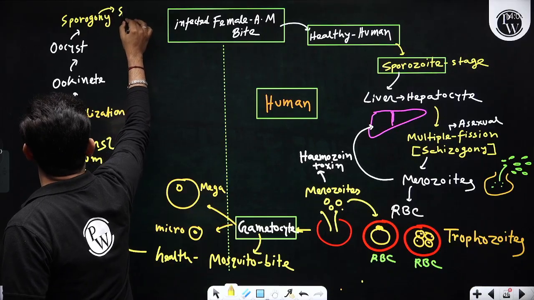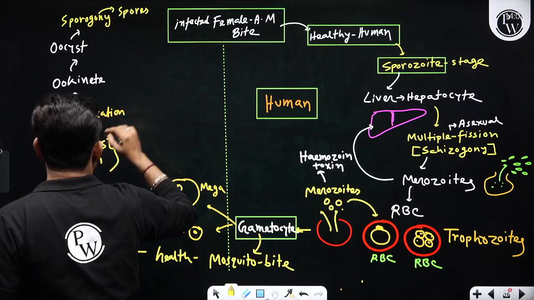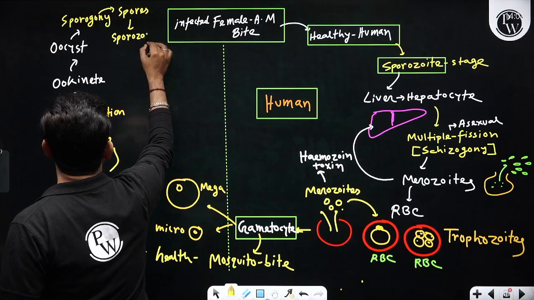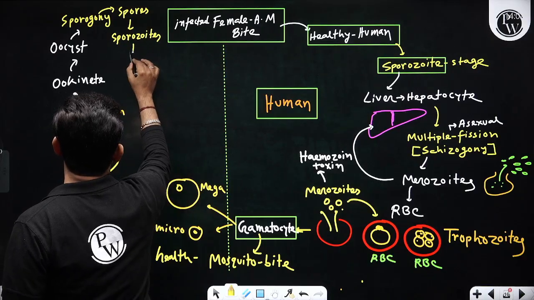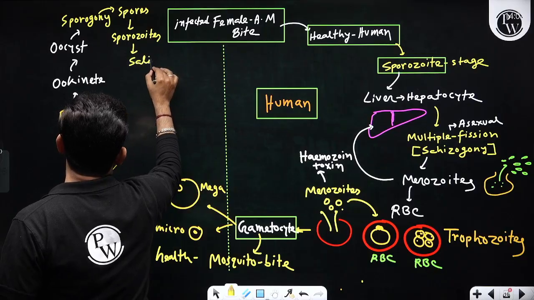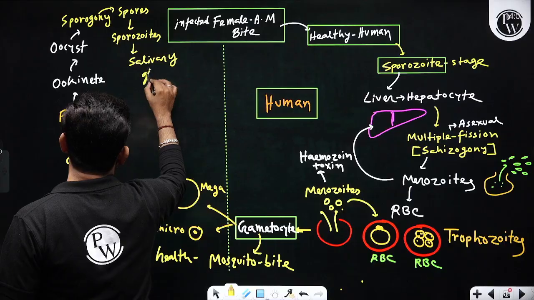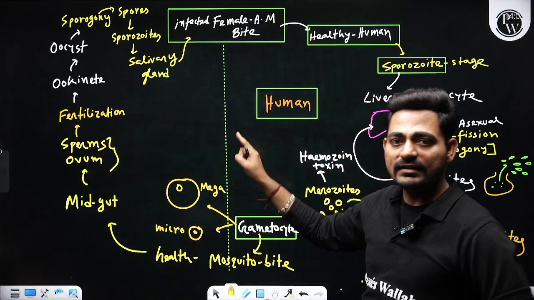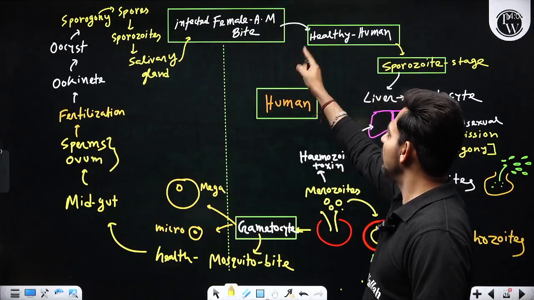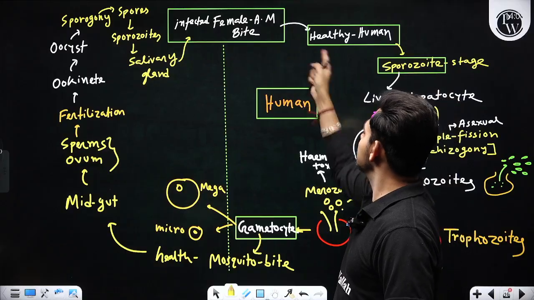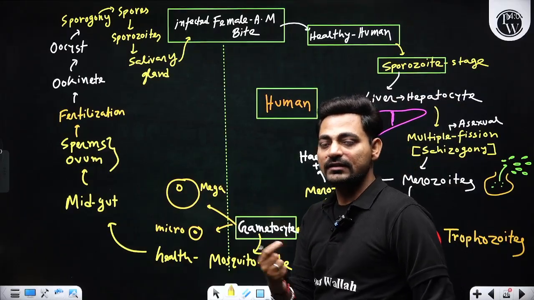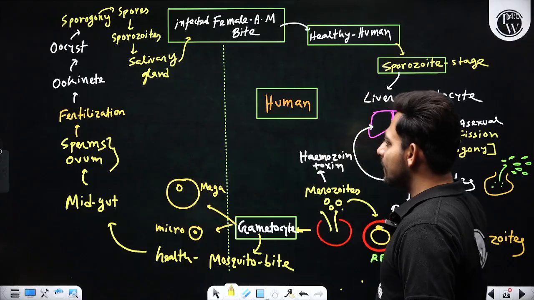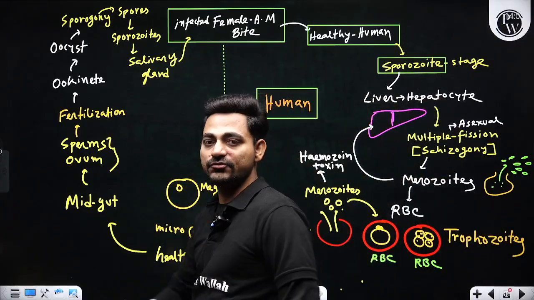There will be formation of spores by the process of sporogony, and these spores are called sporozoites. And the sporozoites will take shelter in the salivary gland of that female mosquito, and again when this female mosquito bites a healthy human, it will transfer these sporozoites into that particular human. So this is how the life cycle in the mosquito goes on.